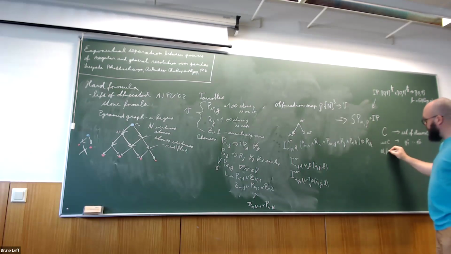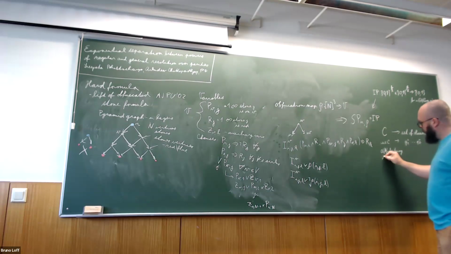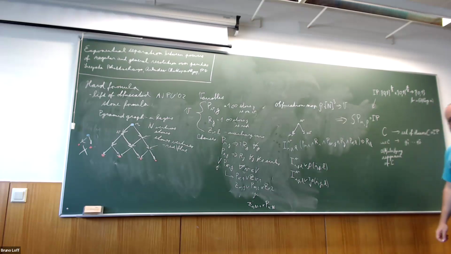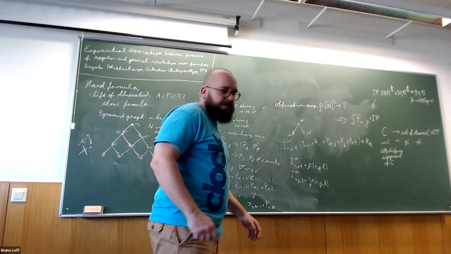So alpha is the falsifying assignment of C. This is an assignment of the variables of C. Because if you have a clause, there's only one falsifying assignment.